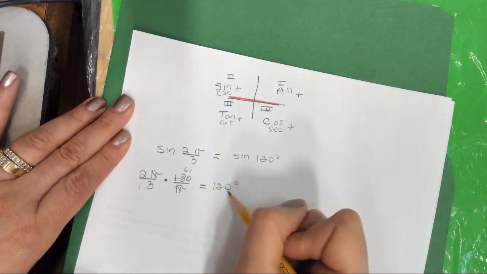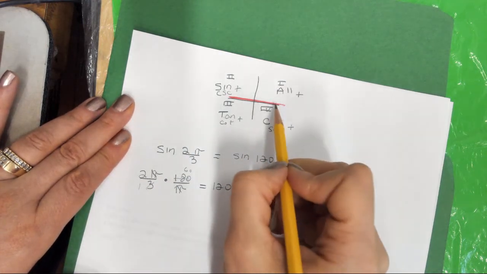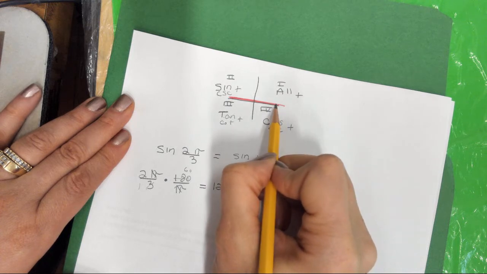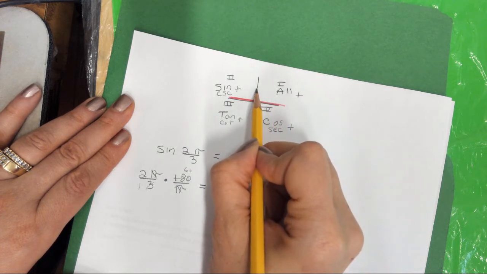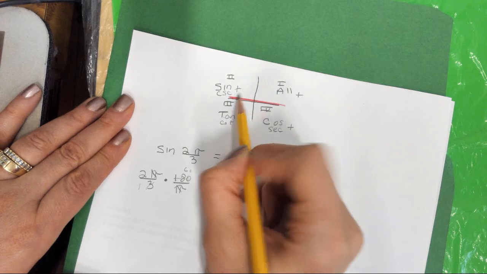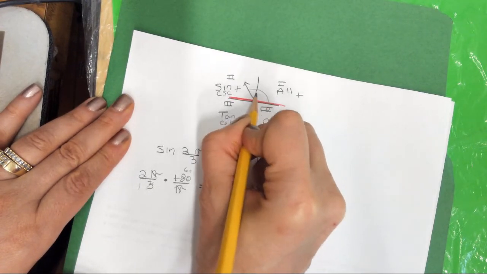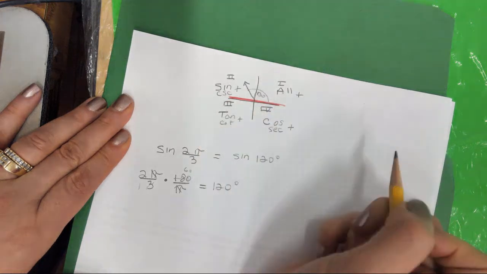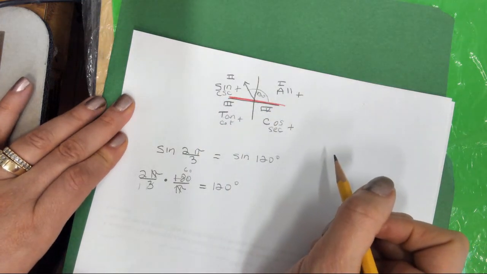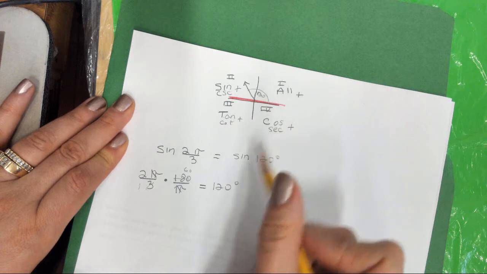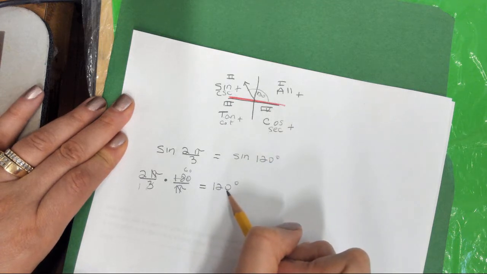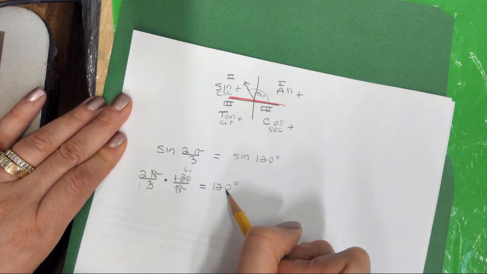Well, now I can easily see 120 degrees. In my first quadrant, I go from 0 to 90. Second quadrant, 90 to 180. So 120 degrees lies somewhere in here, in the second quadrant. And to find the exact value of 120 degrees, it would be more helpful if I knew what its reference angle is.